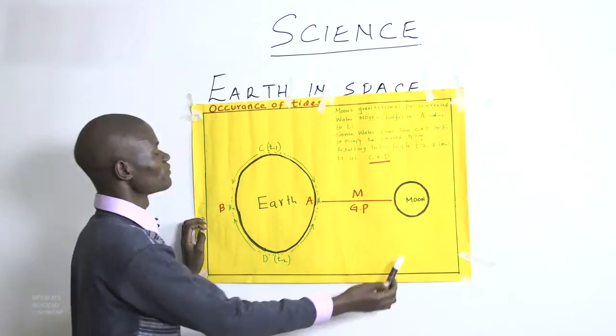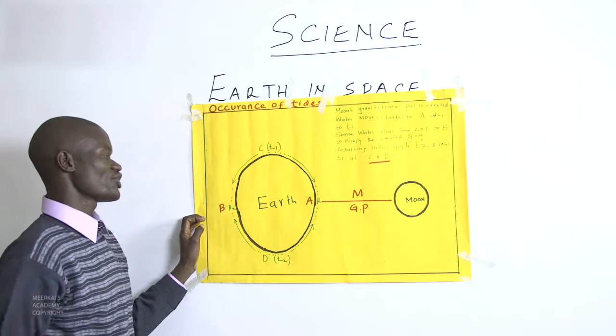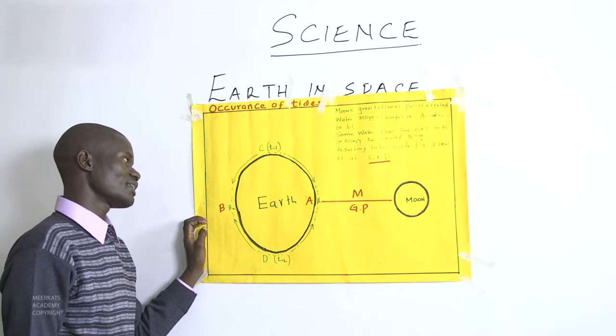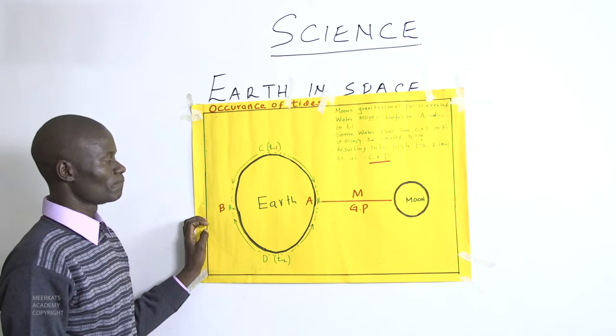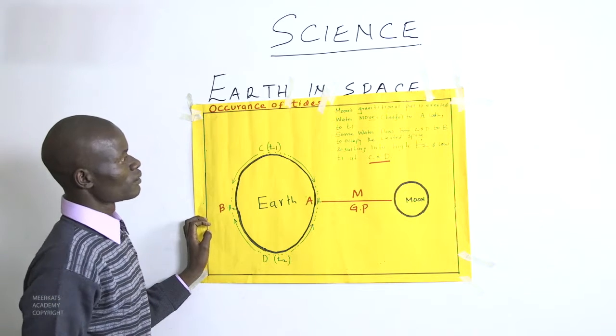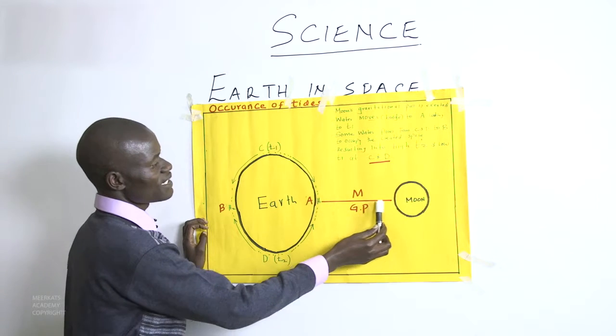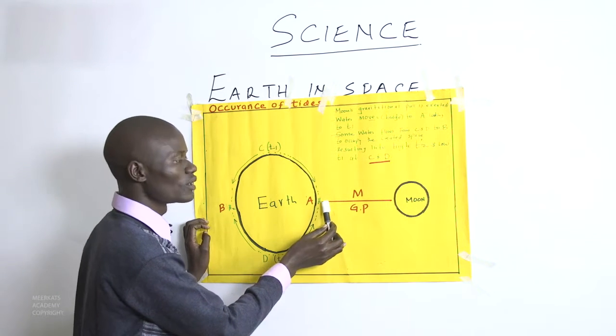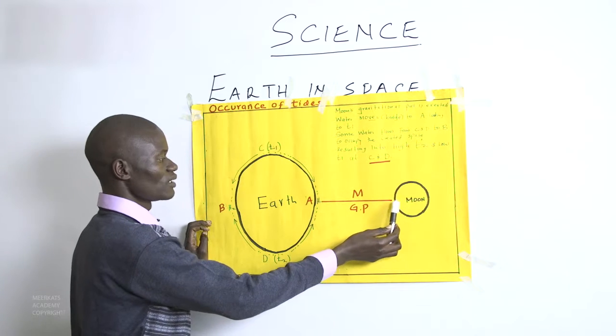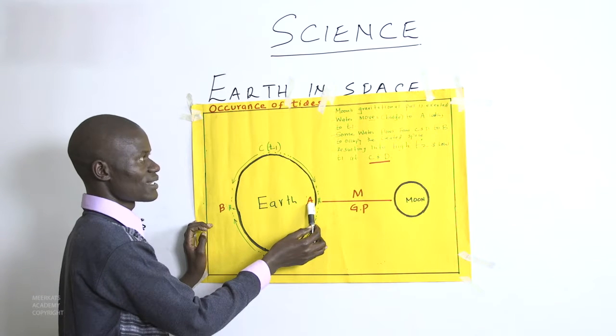This is the moon, and this is a representation of our Earth, planet Earth. This represents the gravitational pull that comes from the moon towards the Earth.